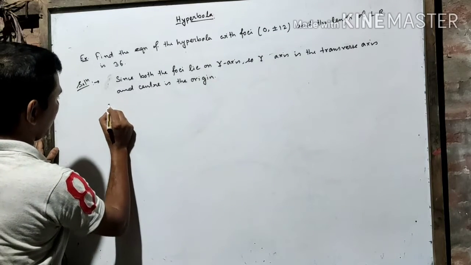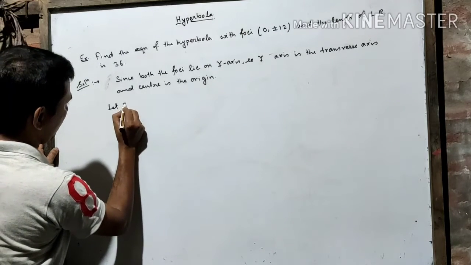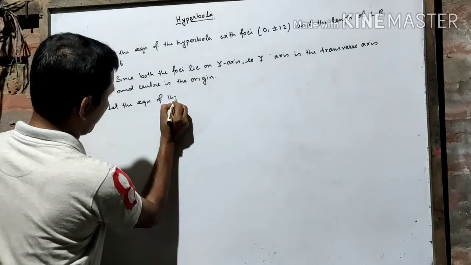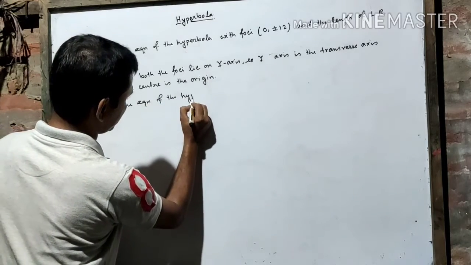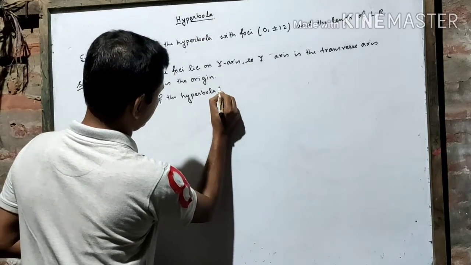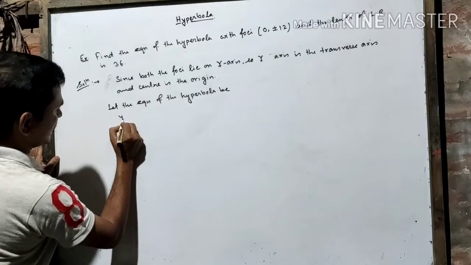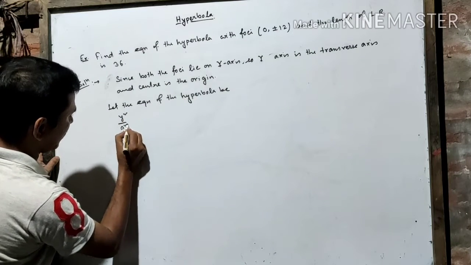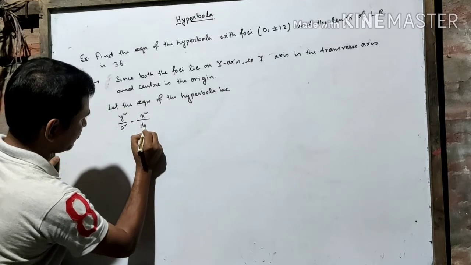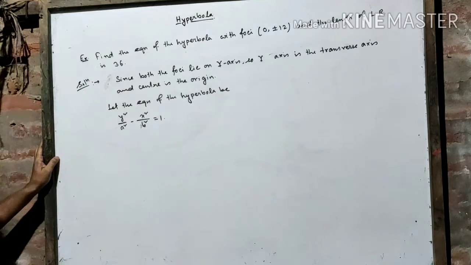Therefore, let the equation of the hyperbola be y square by a square minus x square by b square is equal to 1.